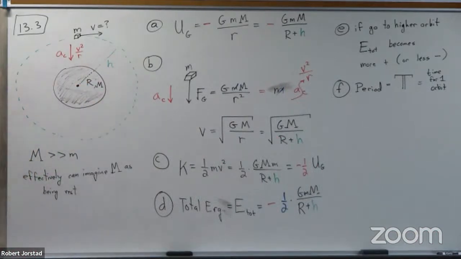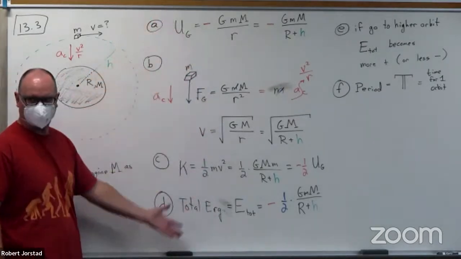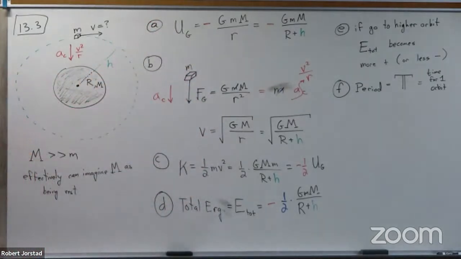What does that relate to on the board that I've already written? How can we get the period involved in one of these equations? Which one instantly relates to the period? Let's do a quick unit analysis.